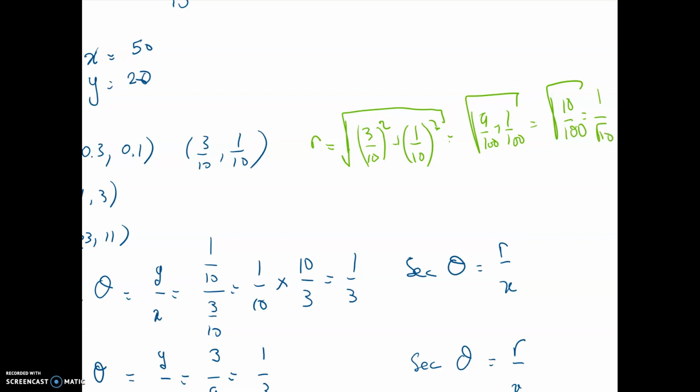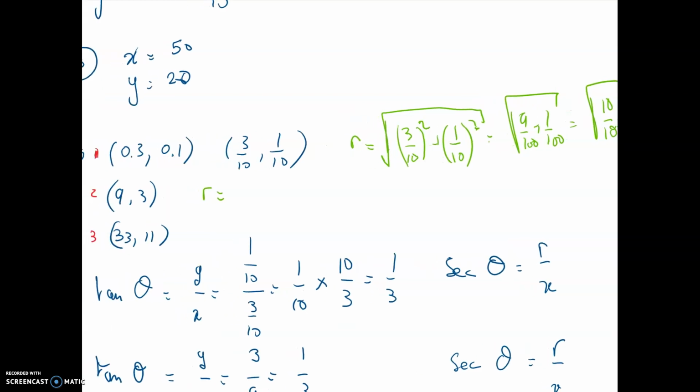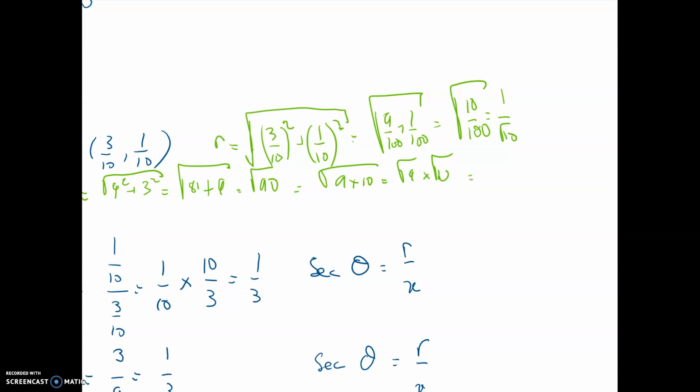For the second point, I'm going to have r equal to the square root of 9 squared plus 3 squared, which is the square root of 81 plus 9, which is the square root of 90. And the square root of 90, if I want to simplify, is the square root of 9 multiplied by 10, which is the square root of 9 multiplied by the square root of 10. And so I end up with 3 square root of 10.